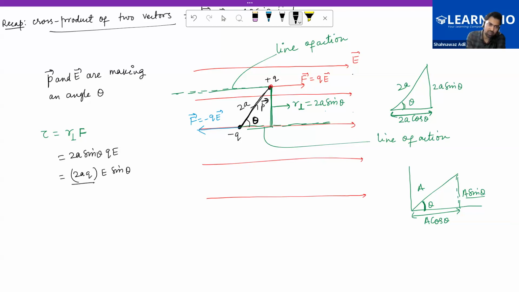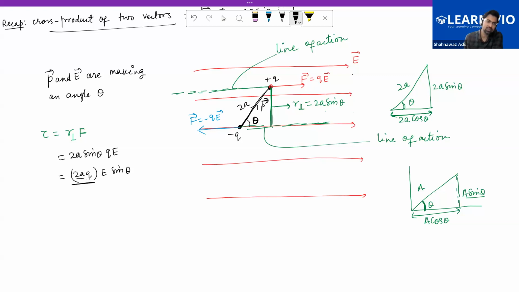So do you remember what is this 2AQ? If you remember the dipole, what is this 2AQ? 2A is separation, Q is charge.